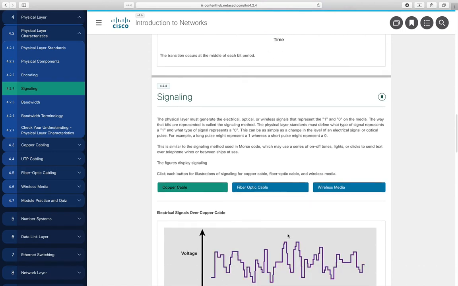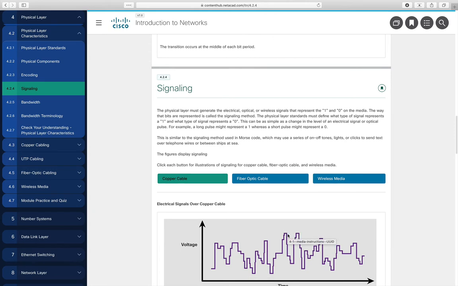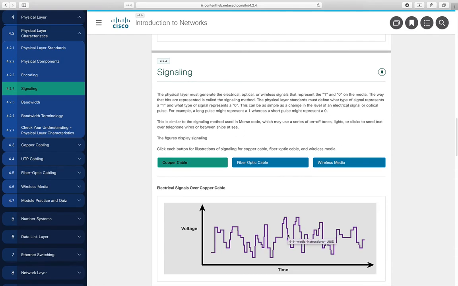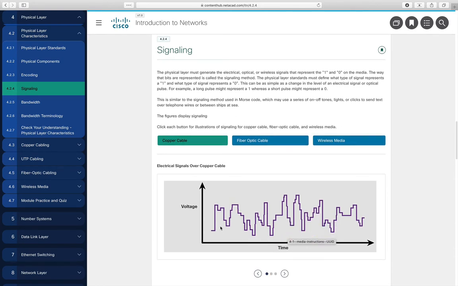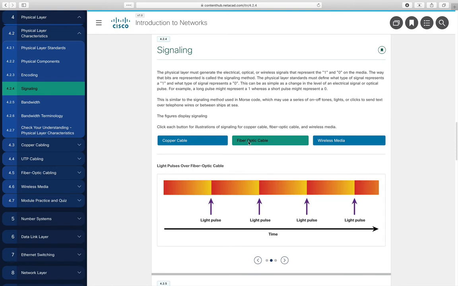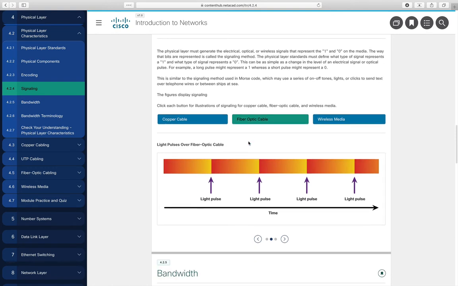Signaling is putting the electrical signal, in the case of copper, on the wire, or pulses of light for fiber optic cable. So this is what the voltage is actually going to look like. It's much more complicated than the Manchester encoding, but these transitions are representing the ones and zeros in our data. In the case of copper cable, we are using voltage. If we click on fiber optic cable here, we're going to use light pulses.